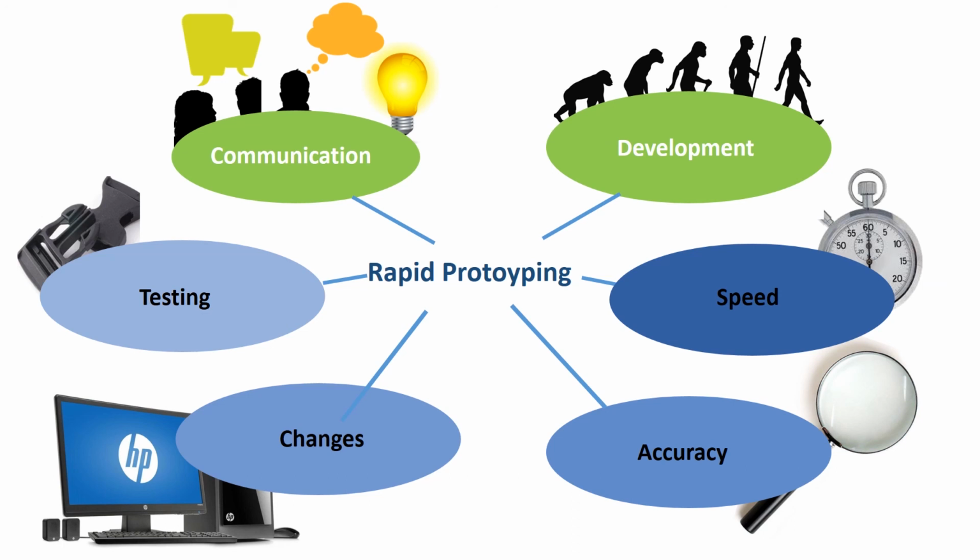It's very accurate, so again, you could argue that it would be more accurate than making it by hand. Changes are easy to make. It just takes a few clicks on a mouse, and the changes can be made. The part can be printed again. And then finally, testing. We're able to do some actual physical testing of parts if we're needing things to be, for example, interference fitted. So that's rapid prototyping.